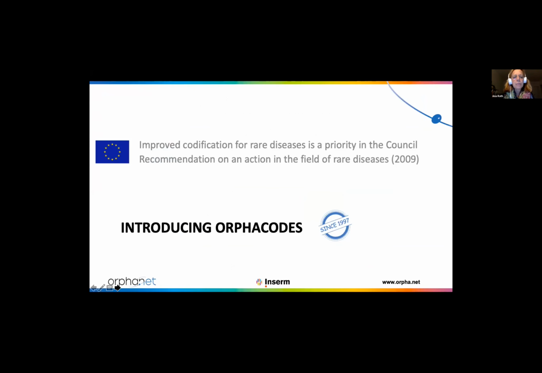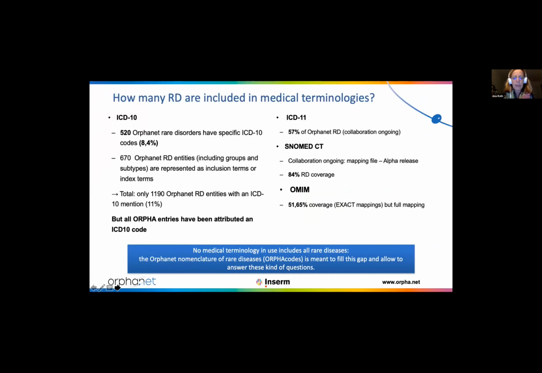meeting. As far back as 2009, in the Council recommendation on action in the field of rare diseases by the European Commission, improved codification of rare diseases was set as a priority. Why?